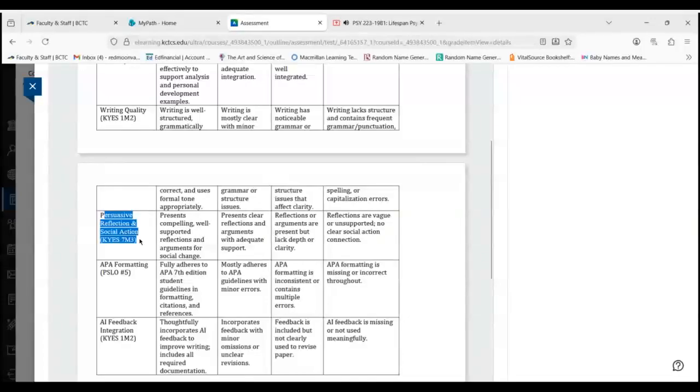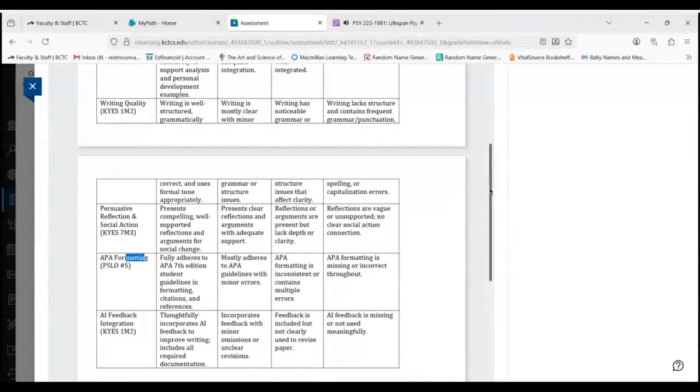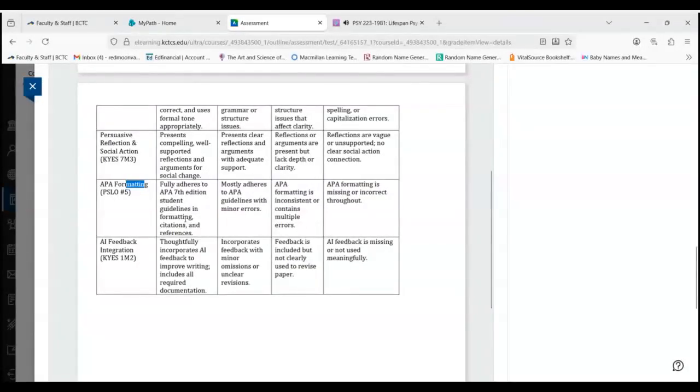You need to really think through and reflect and provide arguments for improving the world, which means social change, about how understanding the theory or theories can help in that. So make sure you hit that well in the concluding paragraph. We're grading for APA formatting again. As painful as that is, once you get used to it, it's not so bad.